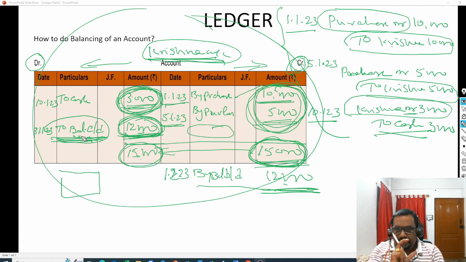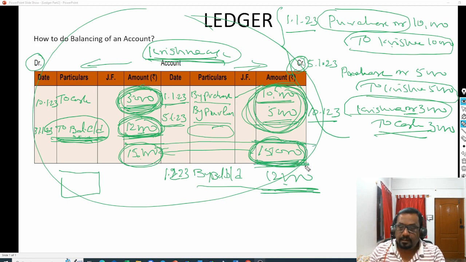Let me quickly recap what we understood. First we entered purchases, right? And we also entered the payment entry. These three entries we posted. Then which side is having the bigger amount? The bigger amount is on the credit side of the Krishna account. So since the bigger amount is on the credit side, we totaled that side first. 15,000 is the total.